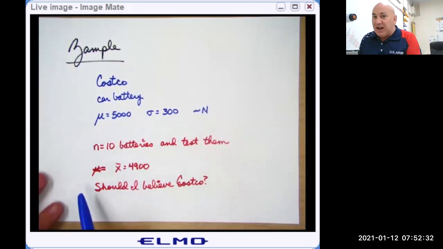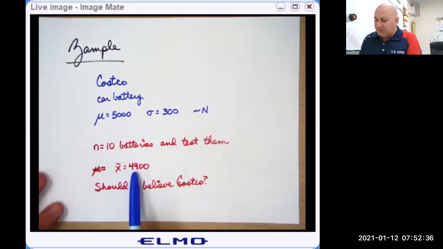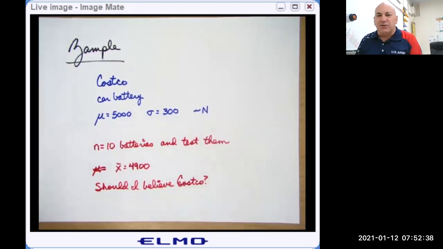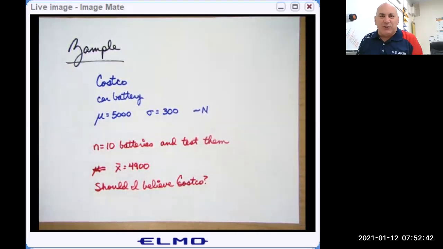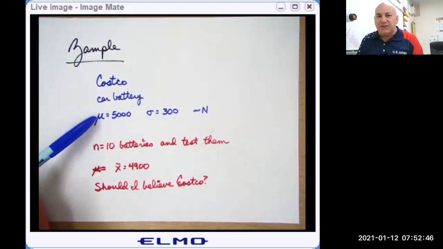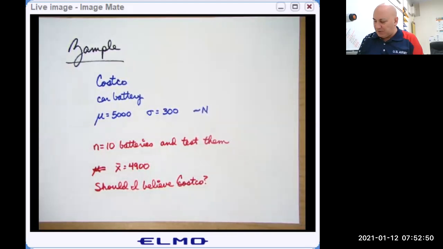If it's pretty unlikely that I'd get a sample of this, given that this is true, then I'd say, it's possible I just got a fluky sample, but I'm more likely to believe that my sampling is okay and this is wrong. So let's calculate the numbers. And remember, when we say, well, how likely is it?